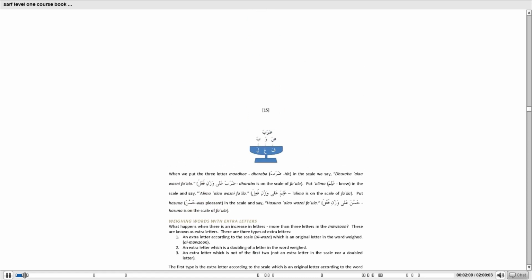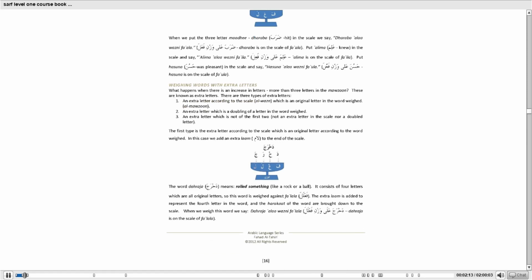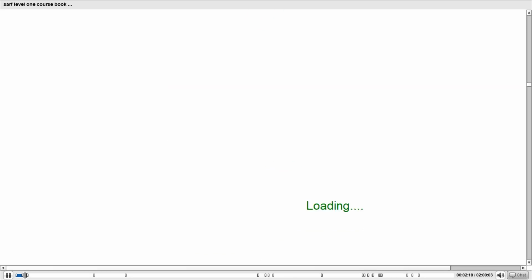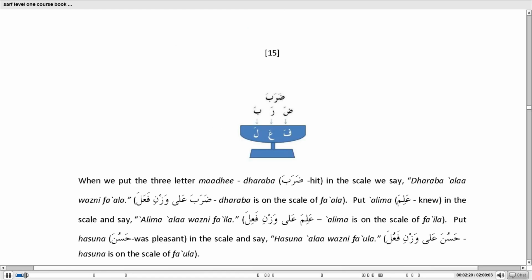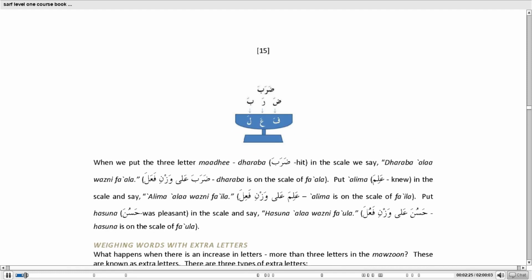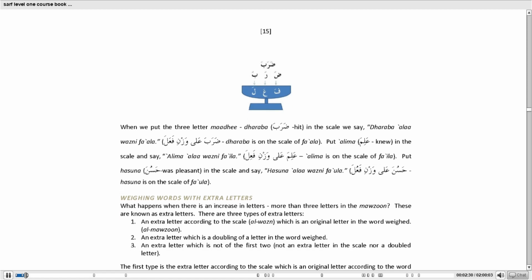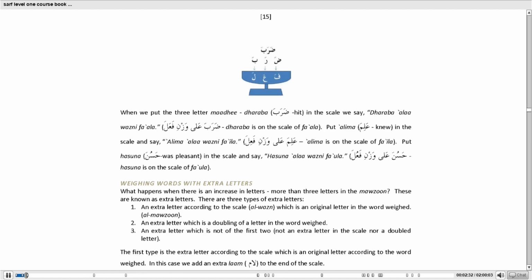So today, inshallah, we're going to continue some issues regarding weighing the words. And we said in the previous class that the words are weighed by placing respectively each letter in the word weighed on the scale.